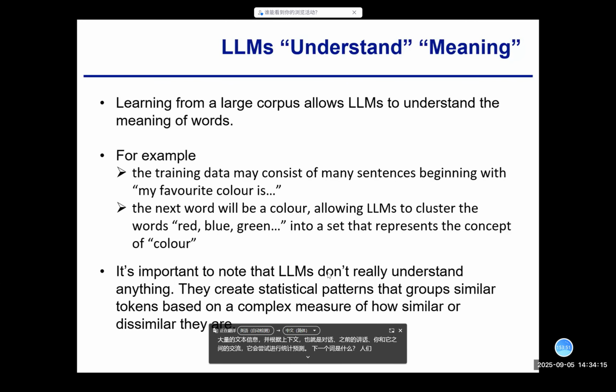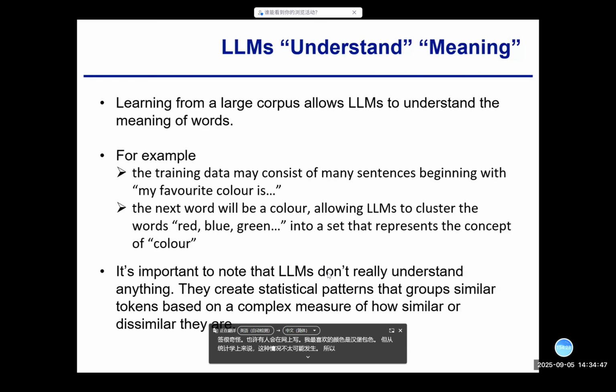When the historical data explicitly mention something like, my favorite color is, statistically speaking, it will be followed by colors, not by something else. Well, you may argue there are some strange cases. Maybe someone will write on the internet, my favorite color is hamburger. But statistically speaking, that's very unlikely.